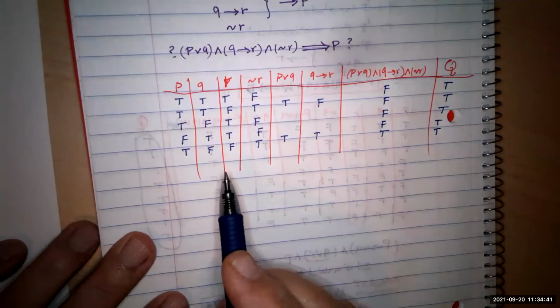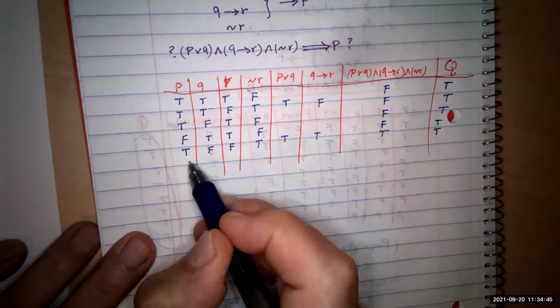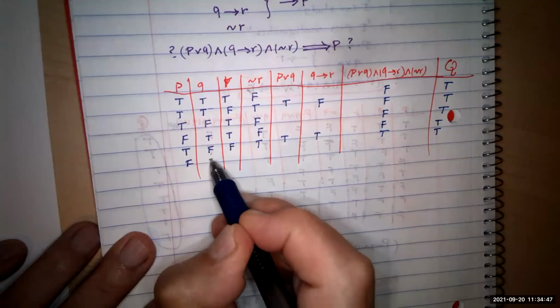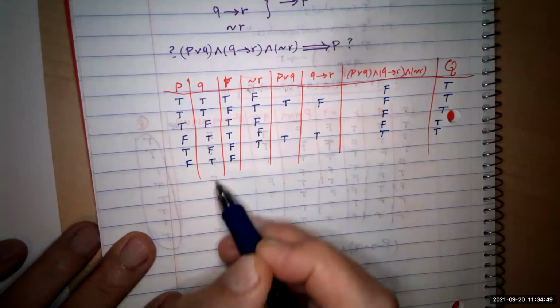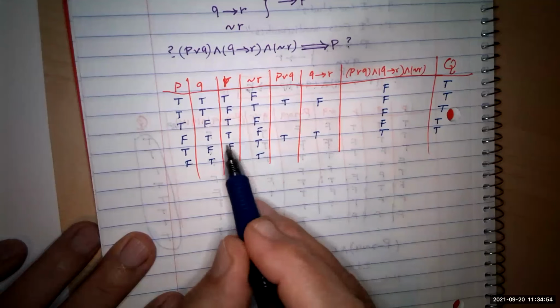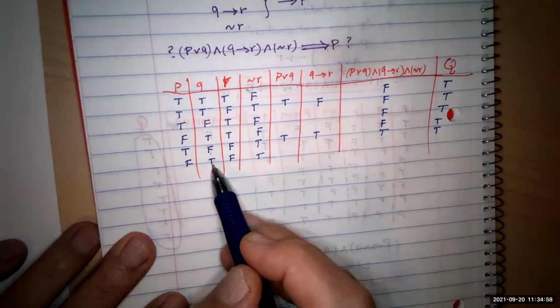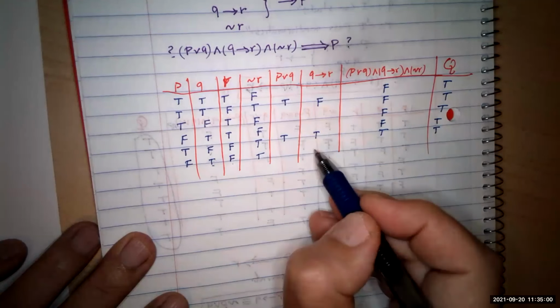Okay, so the other case that we have is going to be what? Is going to be false, true, false. False, true, false. That gives us true here. But Q implies R: Q is true, R is false. So that makes it false.